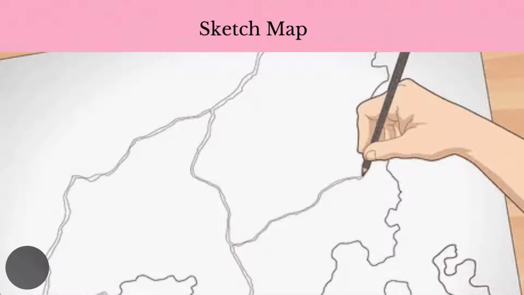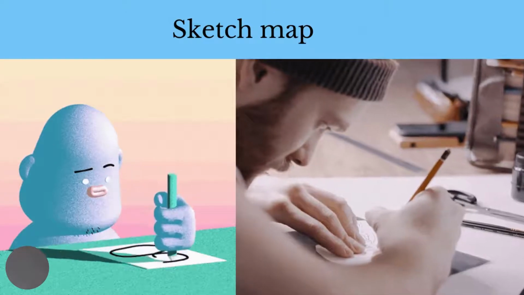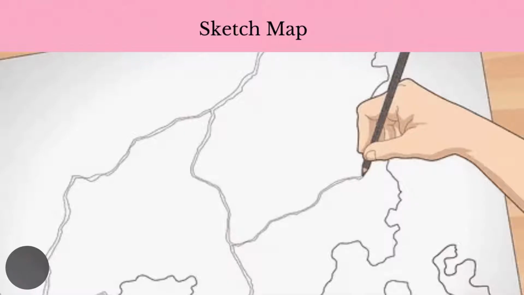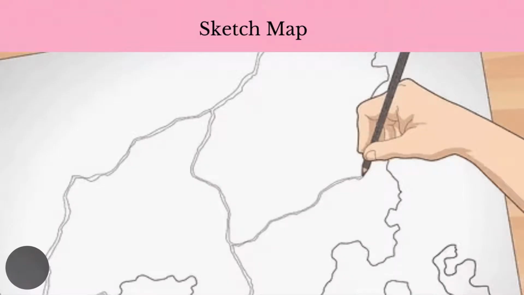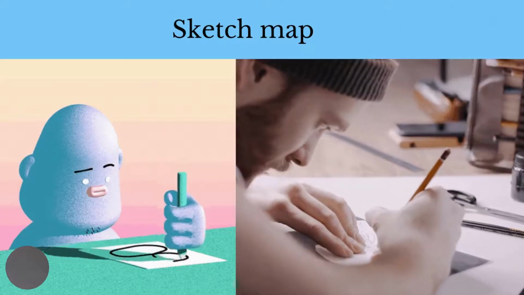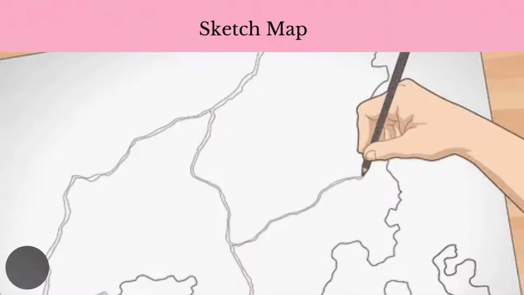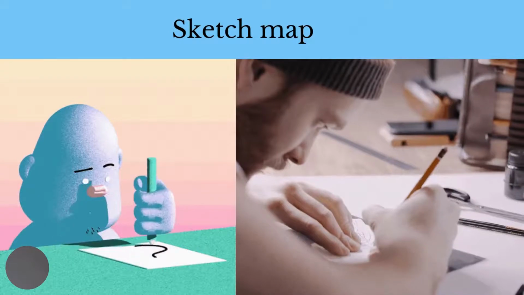It is an outline drawn from observation rather than from exact survey measurements. It is used to draw attention to selected features as well as a selected part of the map extract. It may also be used to show the relationship between different features of a map.